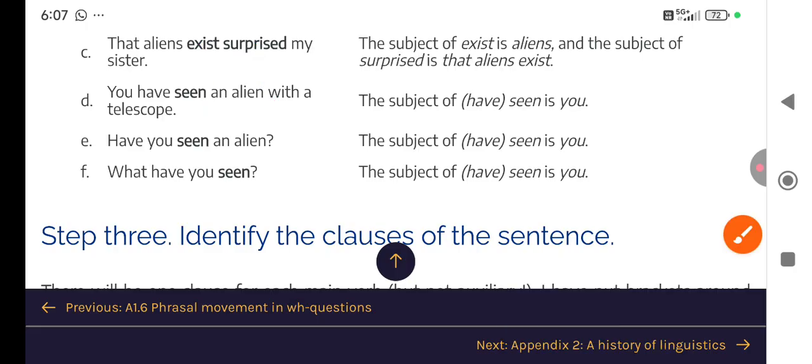So here in the third sentence, the subject of exist is aliens and the subject of surprise is that aliens exist.